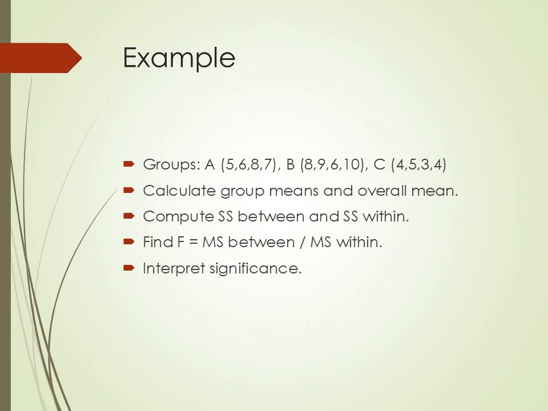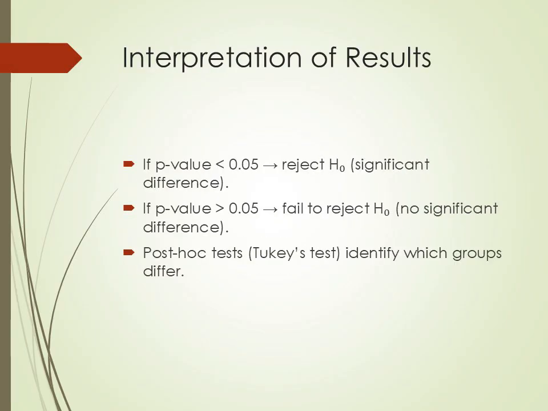So this is an example of 3 groups we have taken. We are going to compare the group means, as I told in the previous slide. We have to apply SS between, SS within, find F, that is MS between by MS within, and interpret the significance. How to interpret your results?